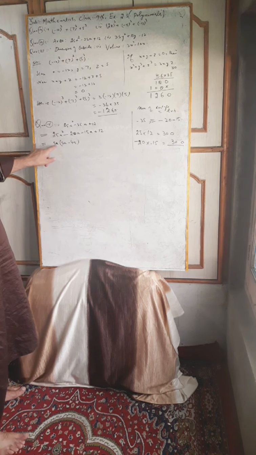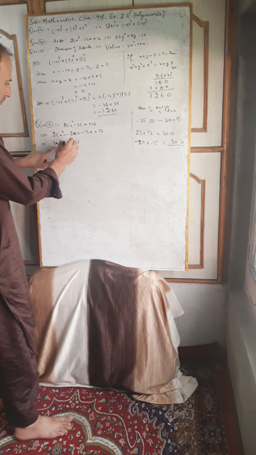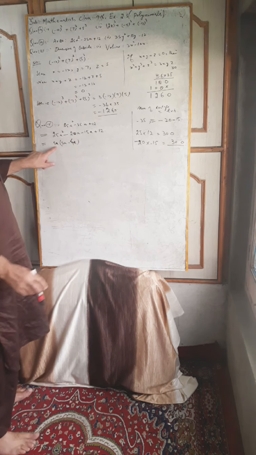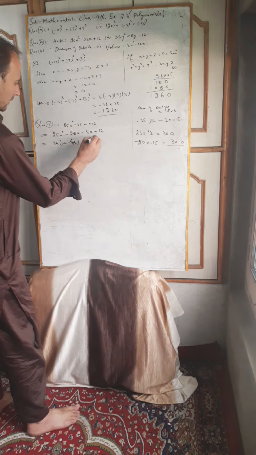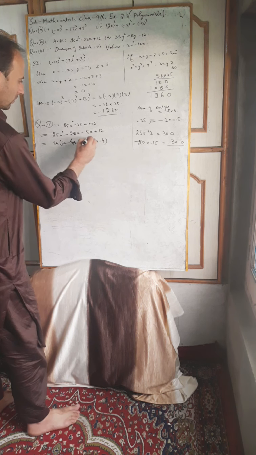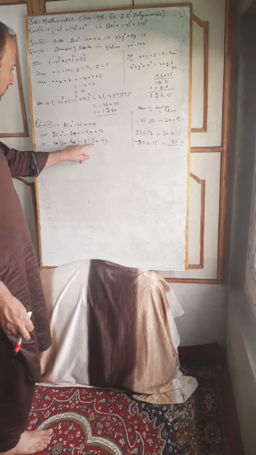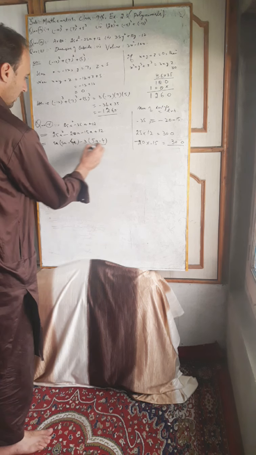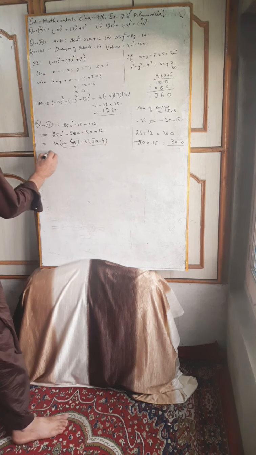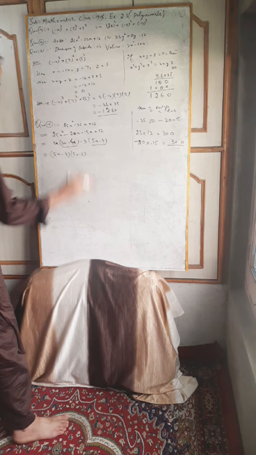It will be equal to 5a into 5a minus 4, because 5a into 5a is 25a square, and 5a into minus 4 is minus 20a. Here it is 5a minus 4, and here we will get minus 3, because minus 3 into 5a is minus 15a, and minus 3 into minus 4 is plus 12. Here we get 5a minus 4 common. It is equal to 5a minus 4 into 5a minus 3.